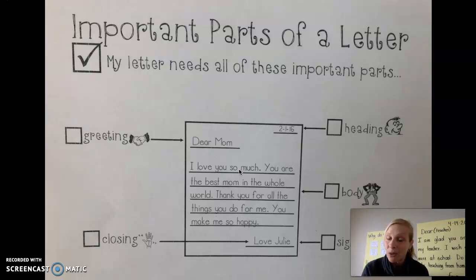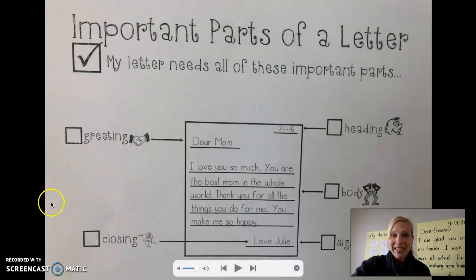If you're writing a thank you letter, this is where you're going to tell someone thank you for something. If you're writing a letter to ask questions, all your questions would be right here in the body of your letter. And then the closing is where we get to choose a fun way to say goodbye from our letter. Here we chose the word love, and after that is where your name will go.